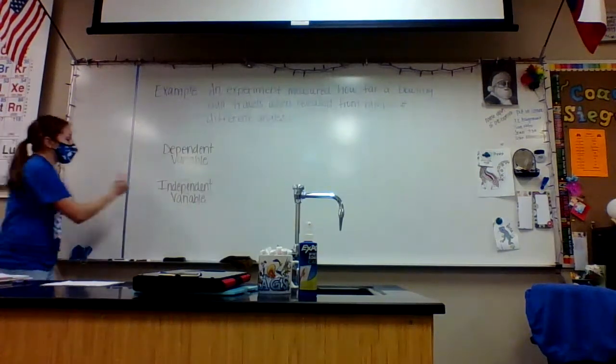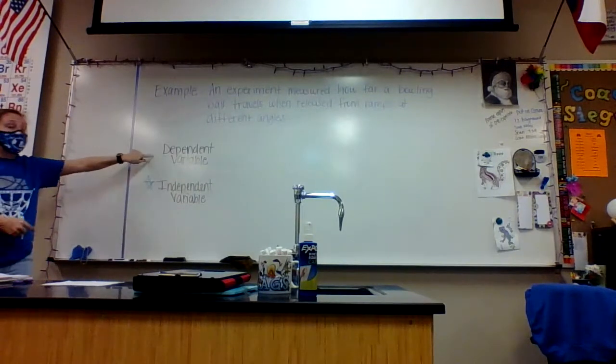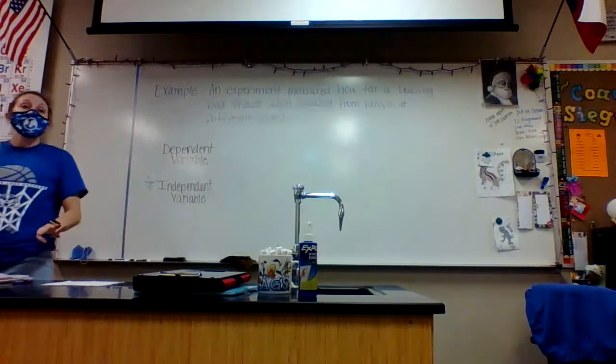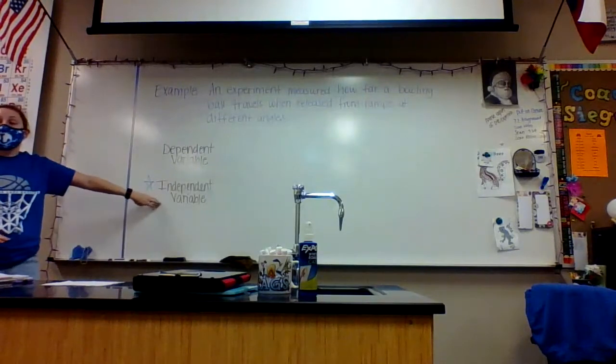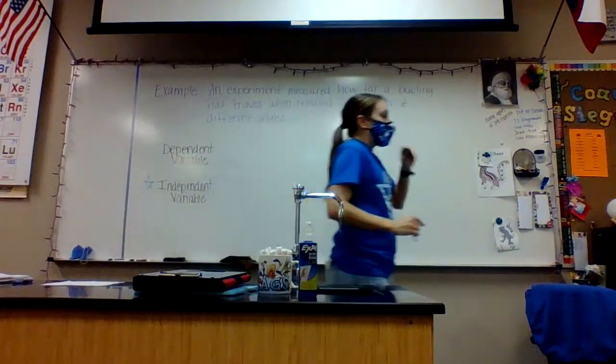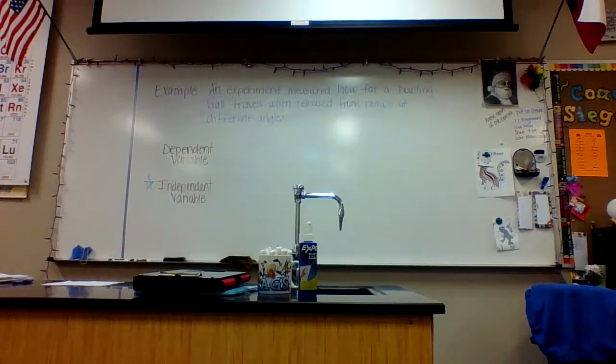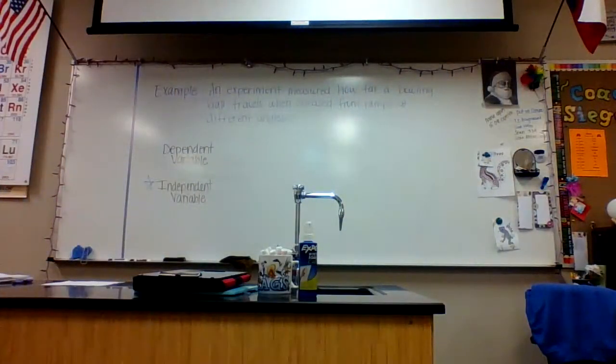If your brain works differently and you want to start with dependent, go for it. But in my opinion, it's easier to find this one first, and then I can determine what my dependent variable would be. What I like to use for my MIX acronym is the I control. That helps me understand what part of the experiment is independent.